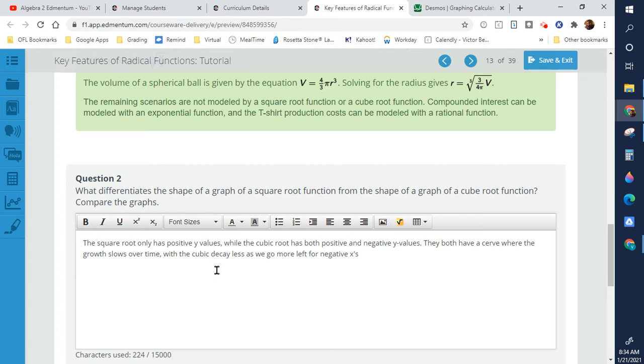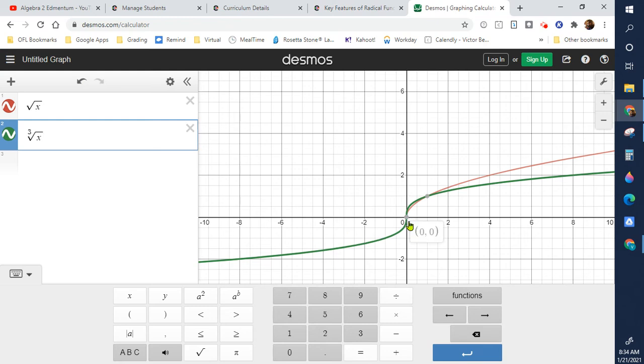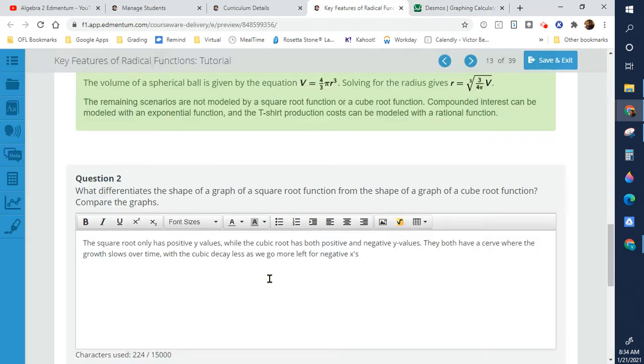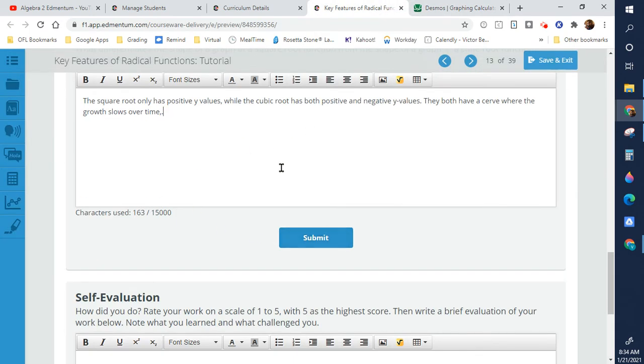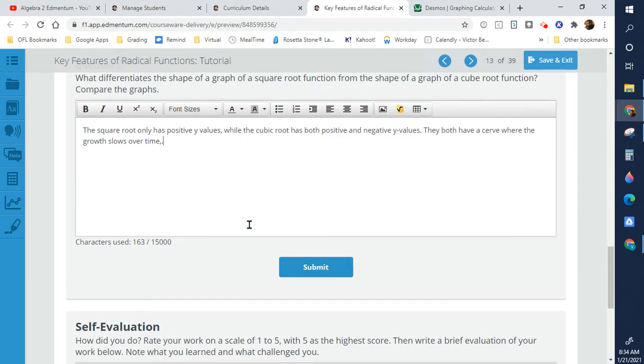That's very specific. So if you wanted to cut it off at the growing over time, that makes sense, because this is technically growing over time, just negative time. If you don't want to add this, I'm not even sure how accurate that statement is, so I don't even think I'm going to want to use it. But if you did want to get a little more specific, you can try to mess with those words. I don't think I would fault anyone for trying to explain something that complex.